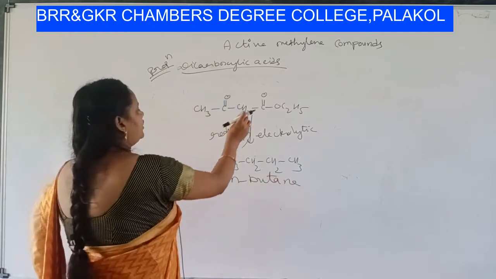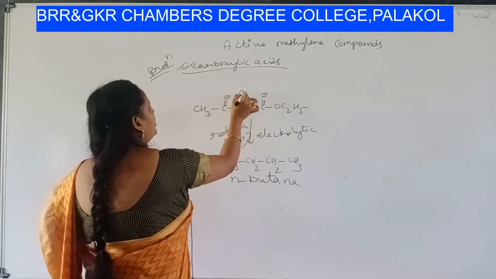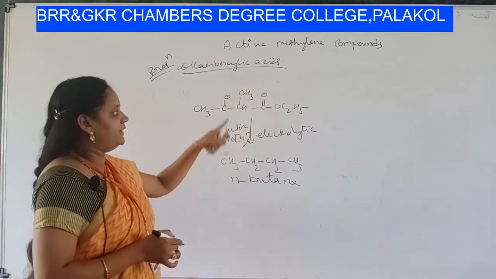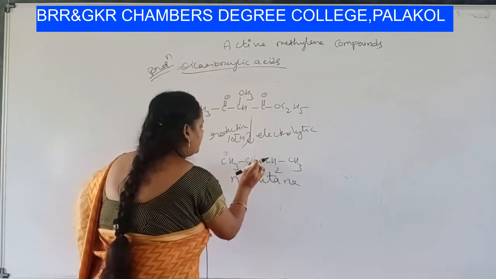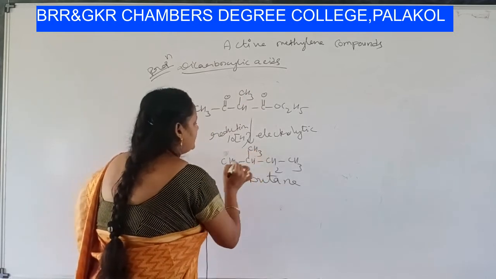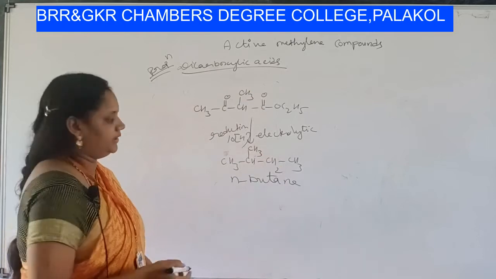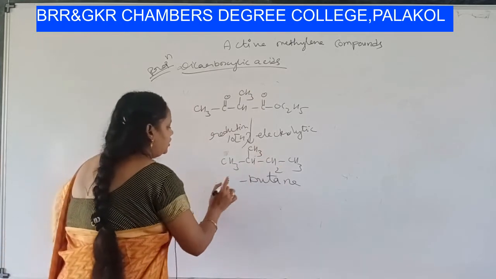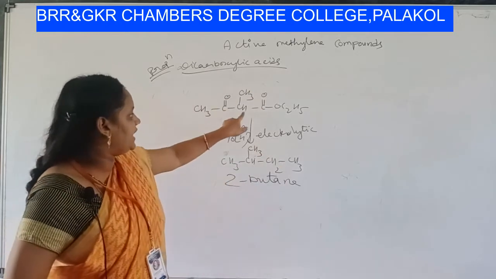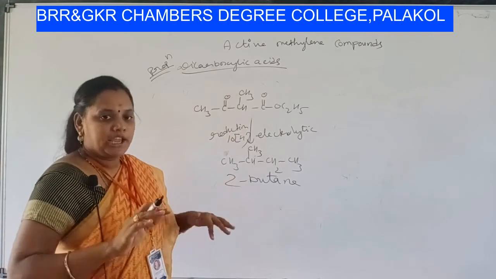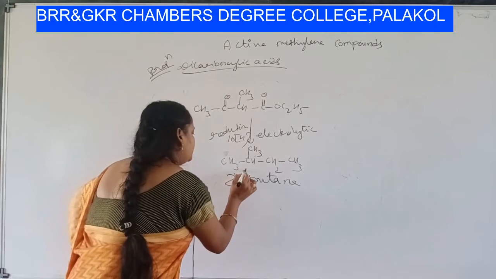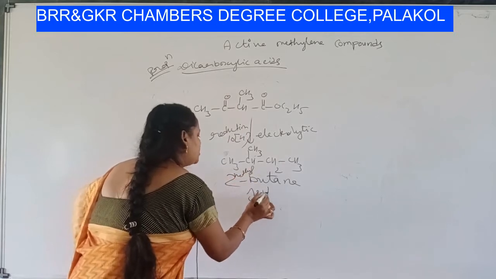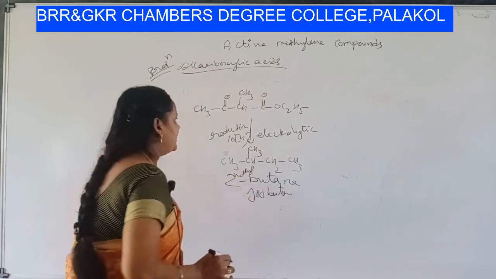For example, if you take the monoalkyl derivative, the methyl derivative of ethyl acetoacetate, you will get H here, which is nothing but 2-methyl butane. If you take H2, you will get n-butane. If you want to prepare 2-methyl butane, which is also known as isobutane, just replace.